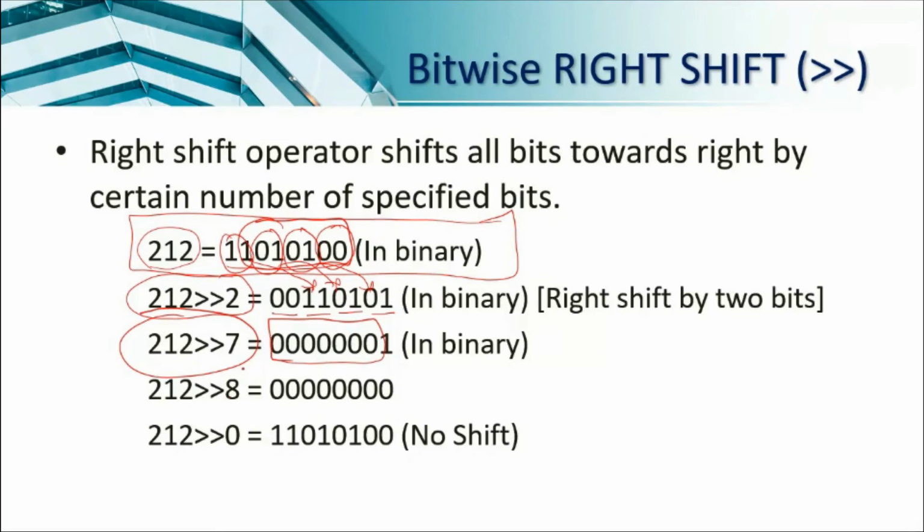When we do 212 right shift 8, it will result in 0, because 8 zeros will be inserted. All the positions within that byte will be filled with zeros, so the answer will be 0. If we put 212 right shift 0, we get no shift, because no value is shifted towards the right.